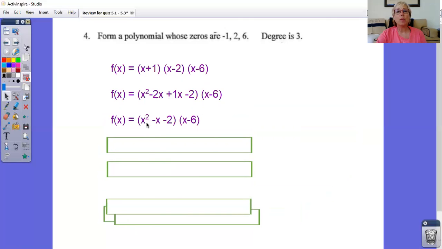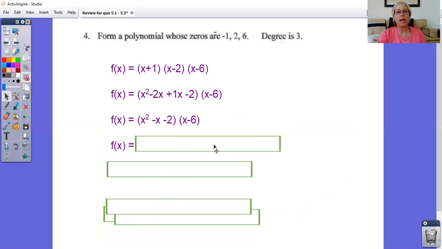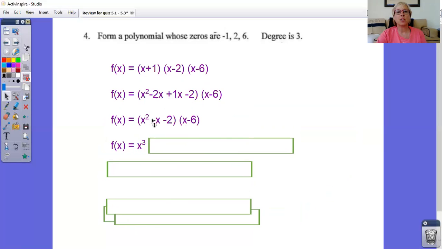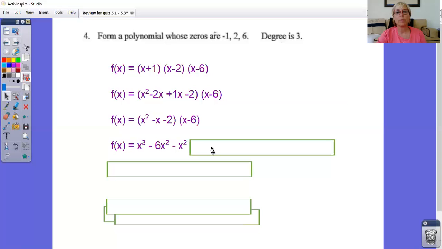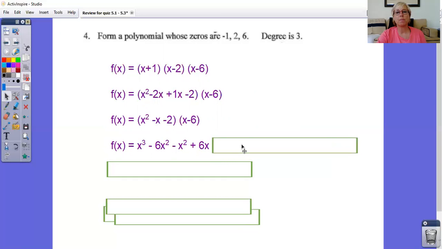So now I'm going to take this x squared and distribute it over to the x and get x cubed. Then I'm going to take this x squared, distribute it to the -6. I'm going to move on to the middle term, -x times x, -x times -6.